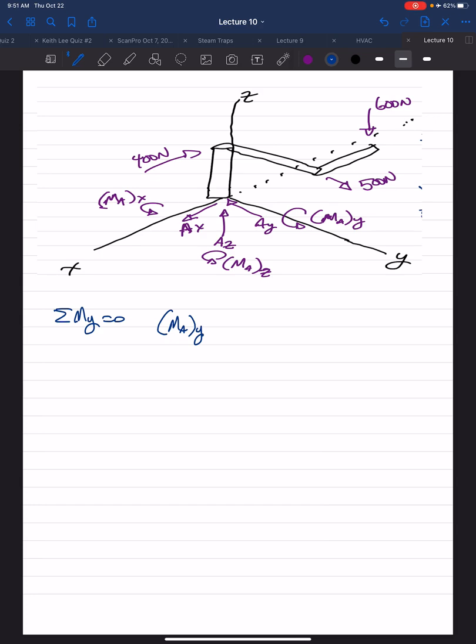The 400 Newton force causes a clockwise, so negative rotation about the y-axis. The perpendicular distance there is 0.75 meters. The 500 Newton force is parallel to the y-axis, therefore it does not cause a moment about the y-axis.